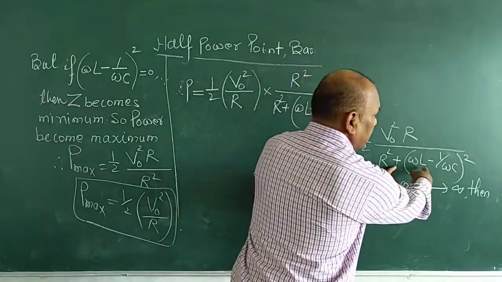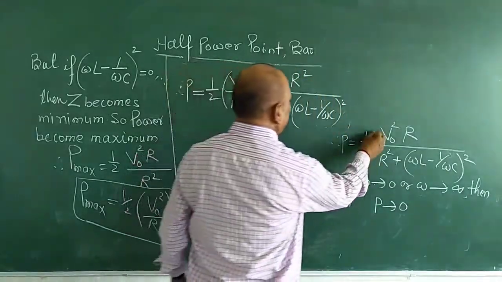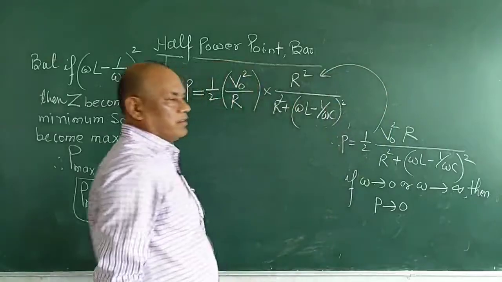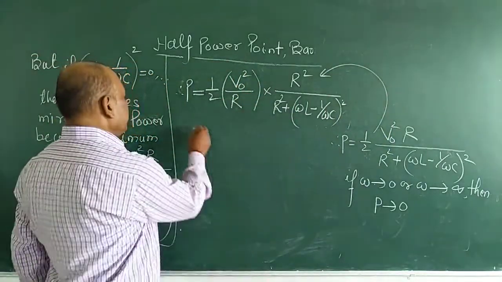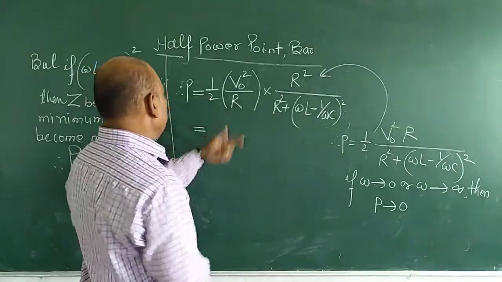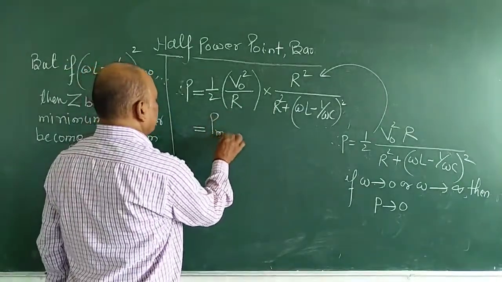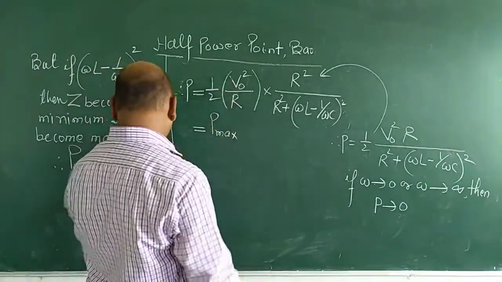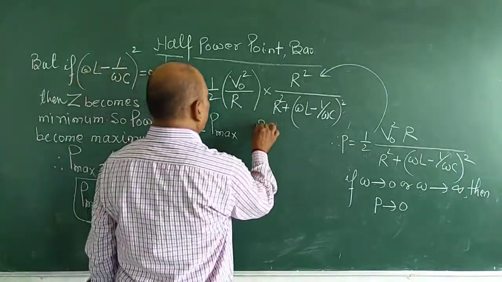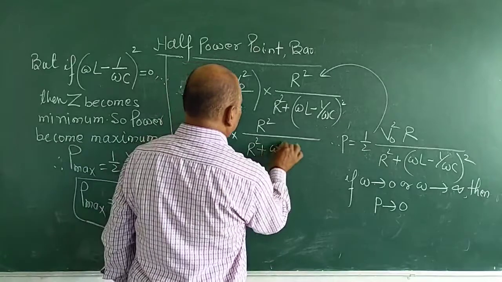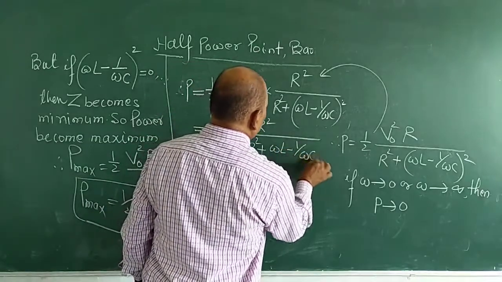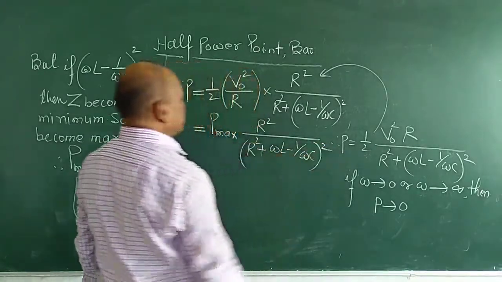Therefore it is converted to this form, and easily you may substitute P max, so P is P max into R square upon R square plus omega L minus 1 by omega C whole square.